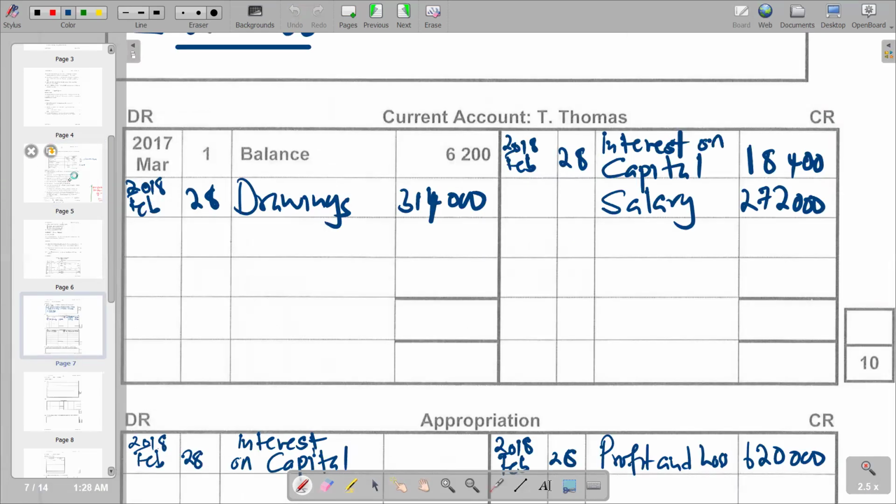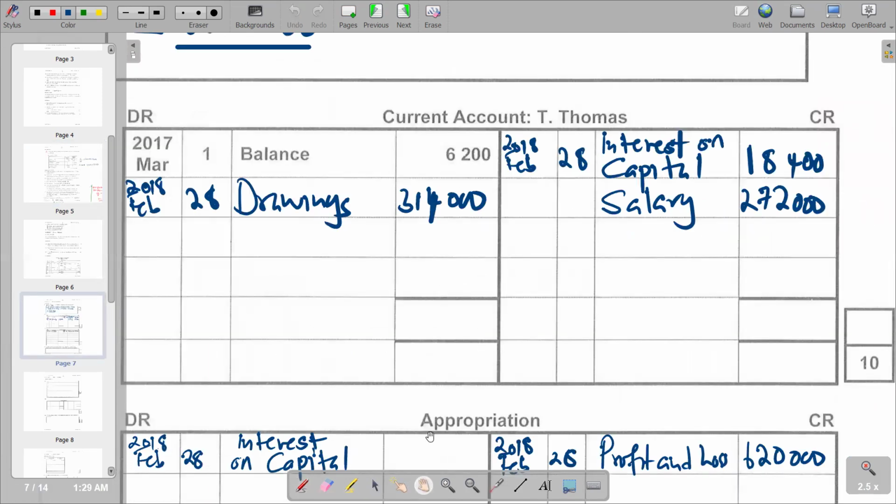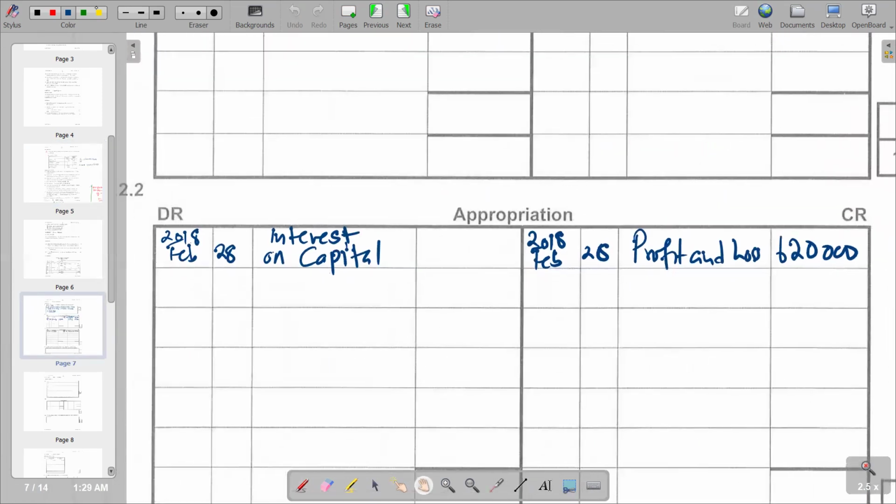So we get our 18,400 here, and we'll see what we get there. You're going to get your 34,400. So that's the figure that you're going to put as your interest on capital. So we come here, we say interest on capital 34,400.